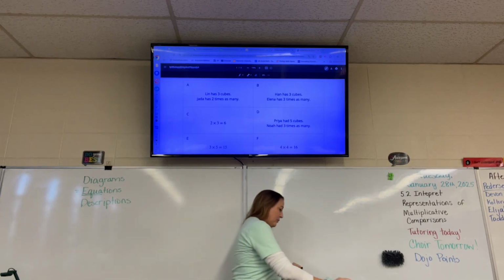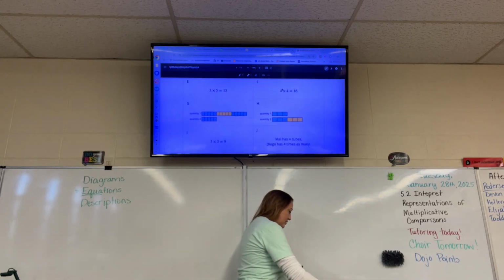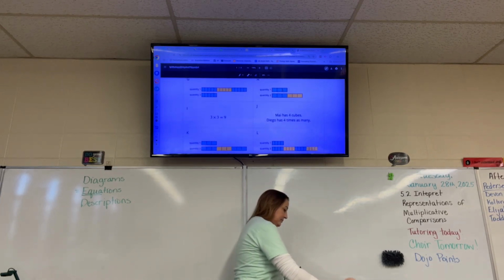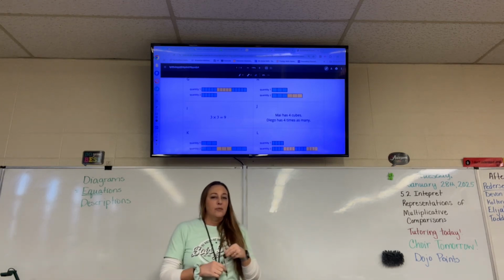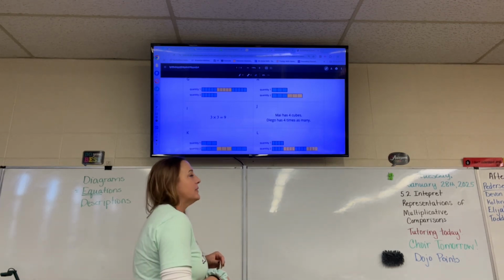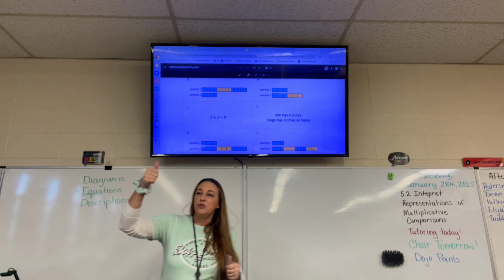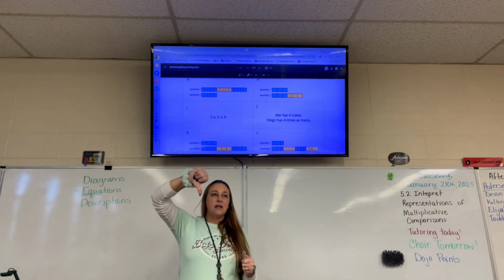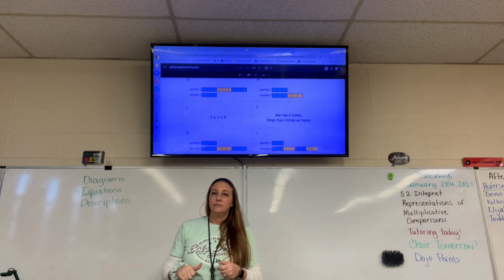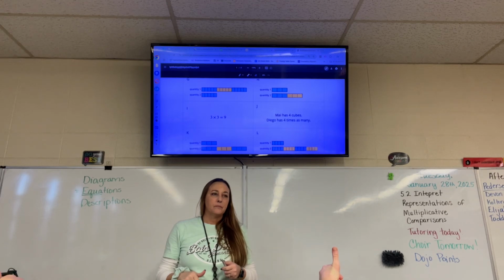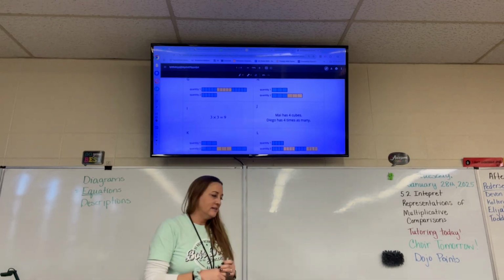Anybody see which diagram matches? Harbor, give me the letter of it. H. Thumbs up if you agree that it's H. Thumbs down if you disagree. That is correct.